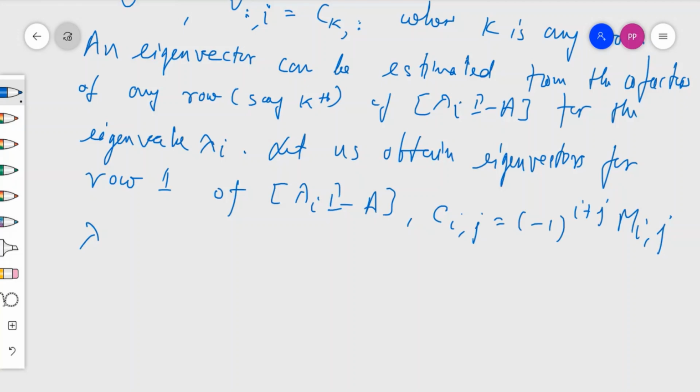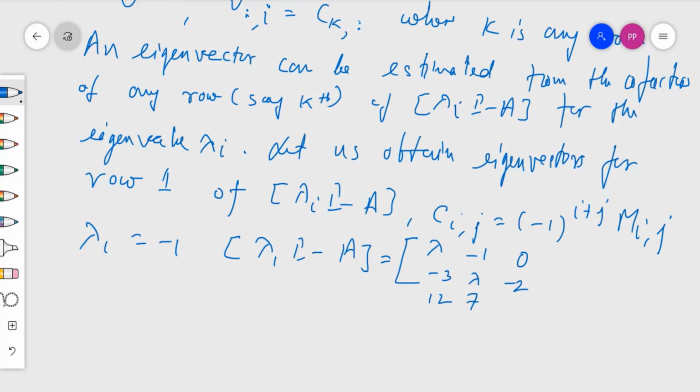For lambda 1 equals minus 1, we should find lambda 1 I minus A. This is equal to, if you see, lambda minus 1 0, minus 3 lambda minus 2, and 12 7 lambda plus 6.